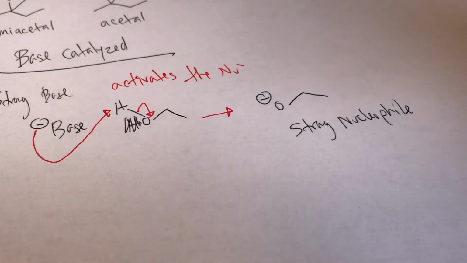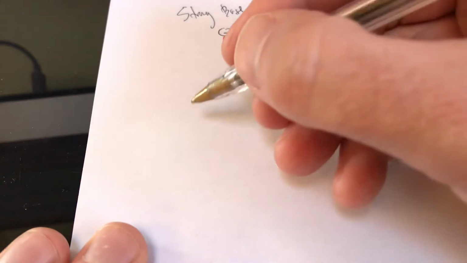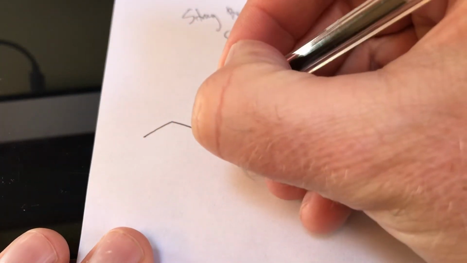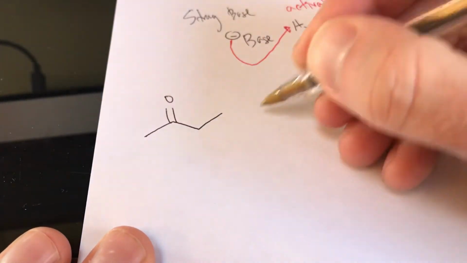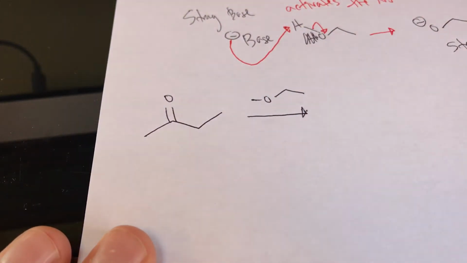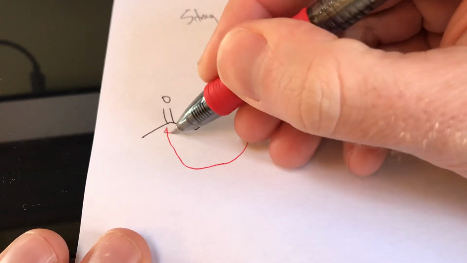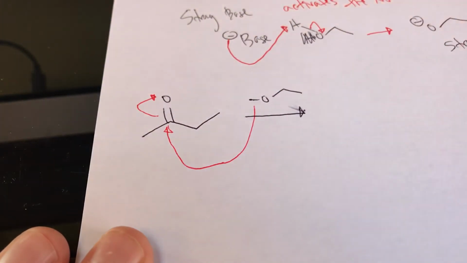So now I have something with a negative charge, and if I do the mechanism that I showed you previously and is on the notes page, let's do that now. Then it's going to react the same. Now I've used my base, so this is a strong enough nucleophile to do the typical addition.